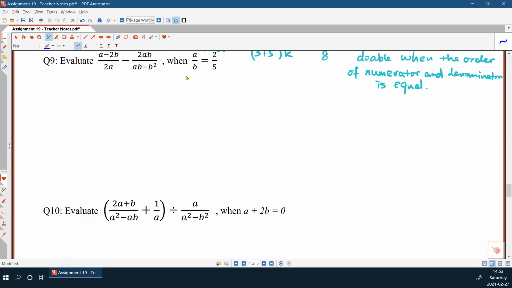This gives you a relationship between A and B. When you know the relationship between two variables, then you can use the substitution method. Substitution method is available.